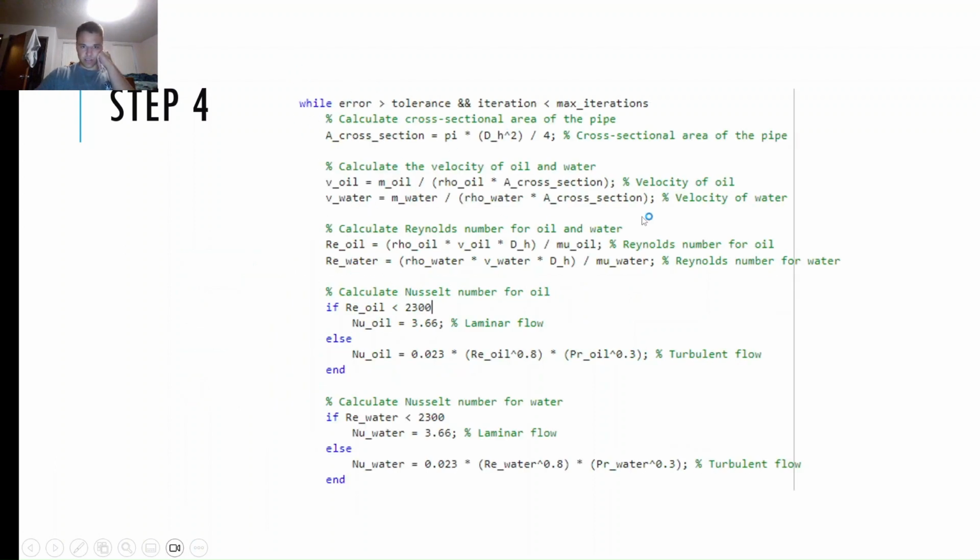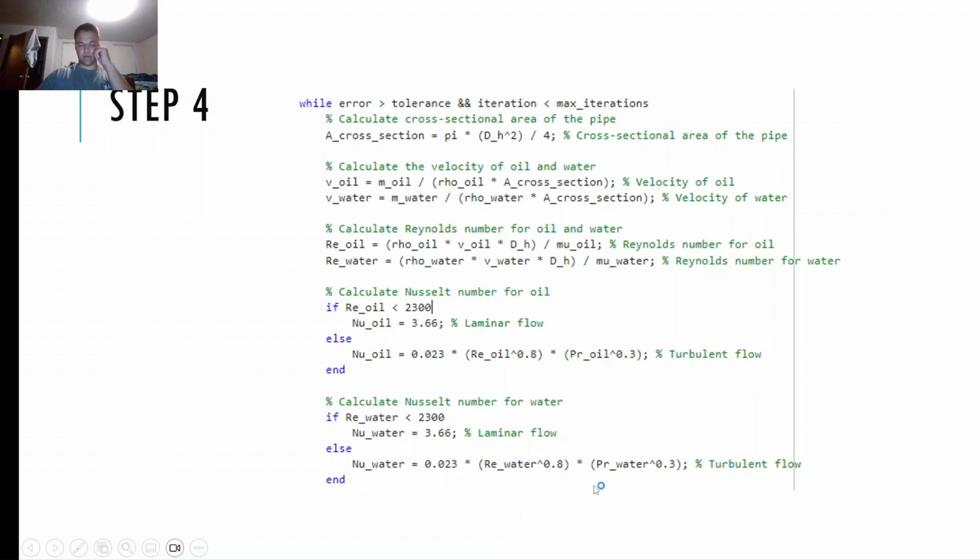I started by calculating the cross-sectional area to use in the velocity equation, to solve for the velocity of the water and the oil. Then I used the Reynolds equation. Once I had that, I had to check whether it was turbulent or laminar flow, so I set up an if-else statement. If it's laminar we use one correlation, and else we use the Dittus-Boelter equation.